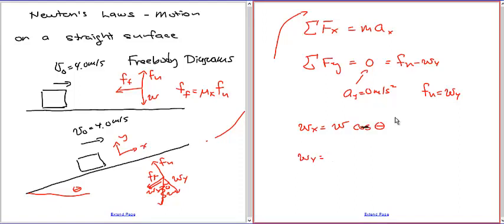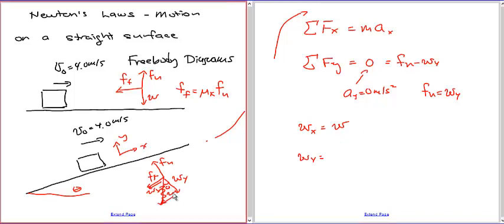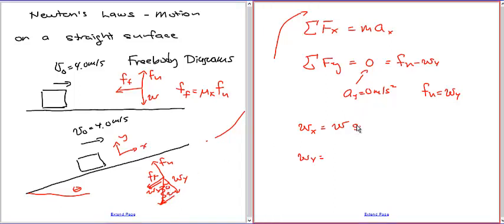You gotta be careful here. So when it comes to weights, and you break it into the components, the x component is this one, which is the same as this one right here. So it's the opposite side, so that's going to be w times the sine of theta, and this one's going to be w cosine of theta.